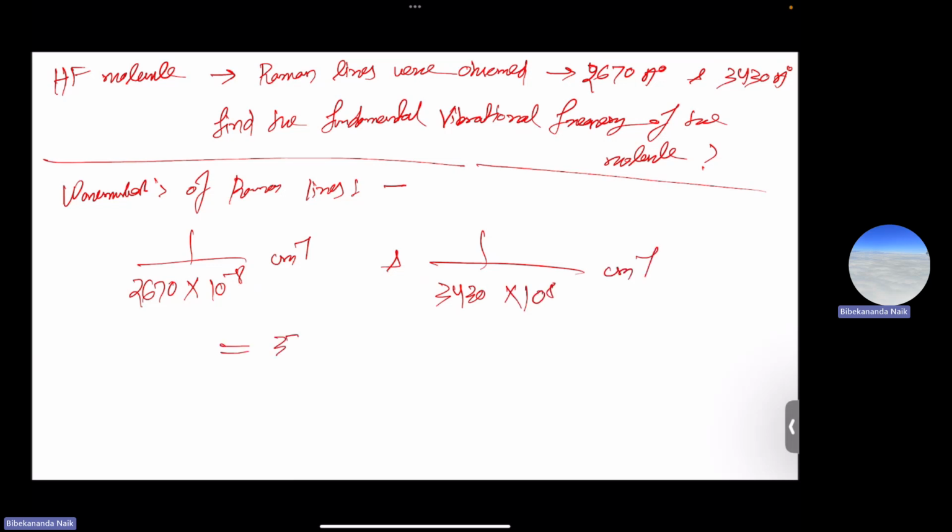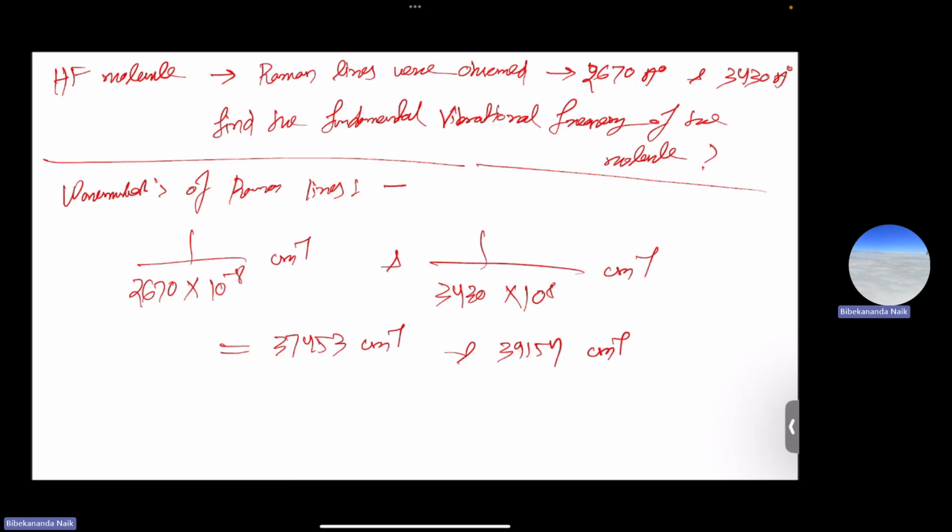So it will be 37453 centimeter inverse and 29154 centimeter inverse. And here we need to find out the fundamental frequency of vibration.